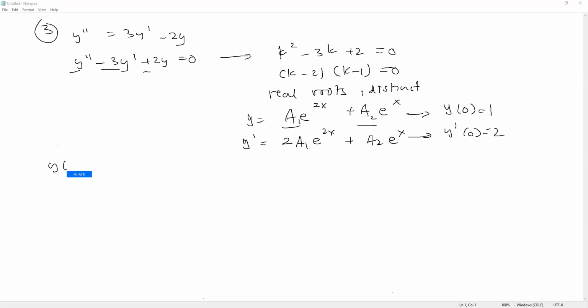If y of 0 is 1, it follows that 1 equals a1 times e to the power of 0 plus a2 times e to the power of 0.